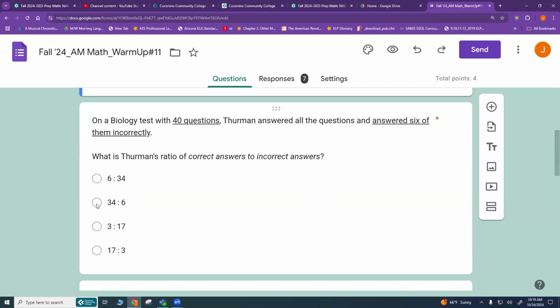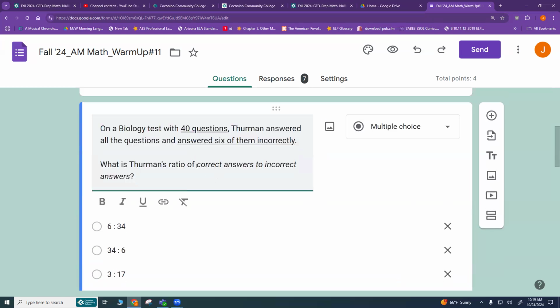Beautiful, good. So hopefully you guys caught what Ryan says. So our rules of ratios, right? Order matters. So we first have to figure out how many correct answers Thurman got on the test. Do we directly know that information? Do we directly know he got 34 correct? Really?